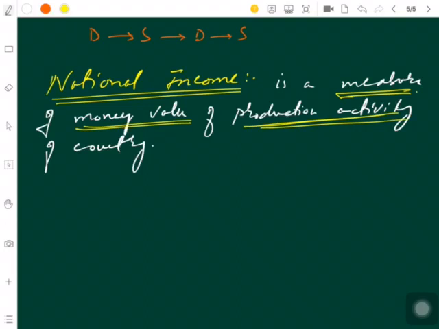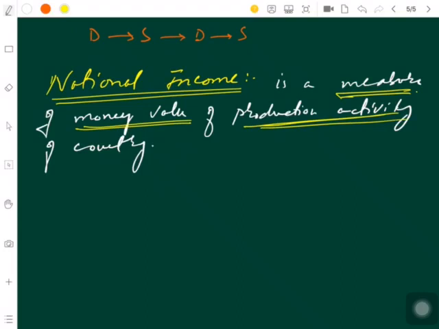So in other words, from the previous cycle where we said it is the production process of goods and services that income is generated, or we can again say that production generates income, it's now very clear that when we talk of national income, we are talking about a very big term, a very aggregate term. We are talking about all the incomes in an economy.